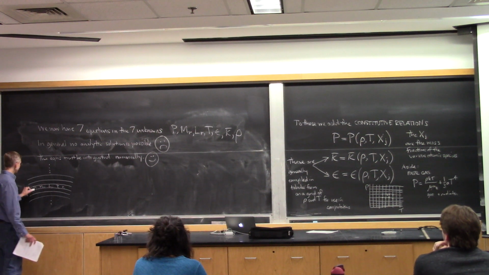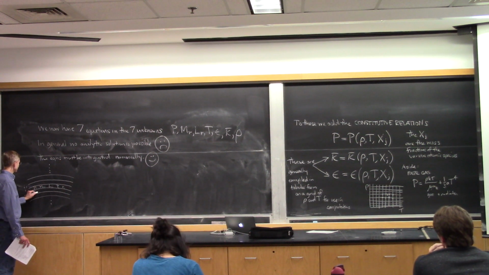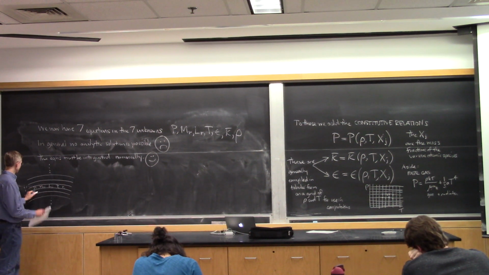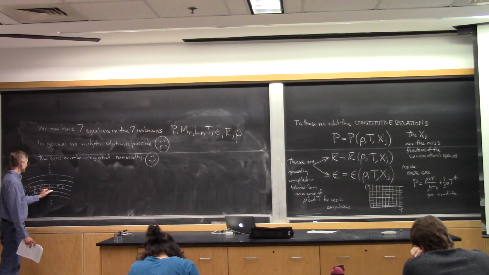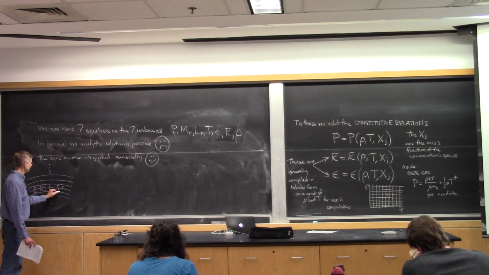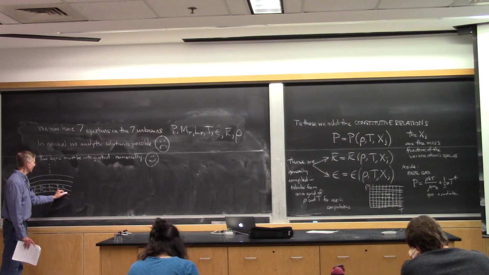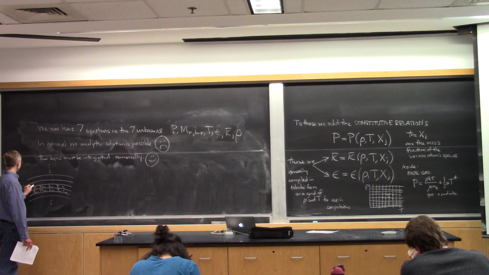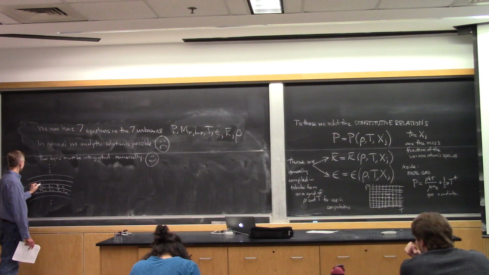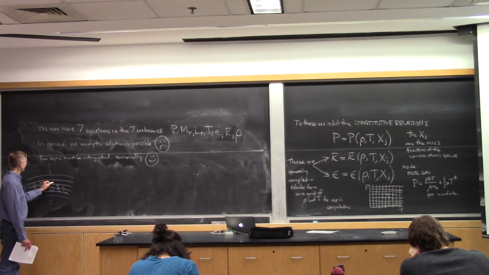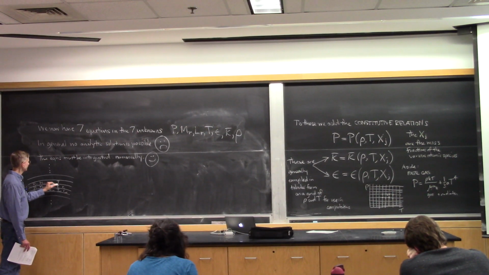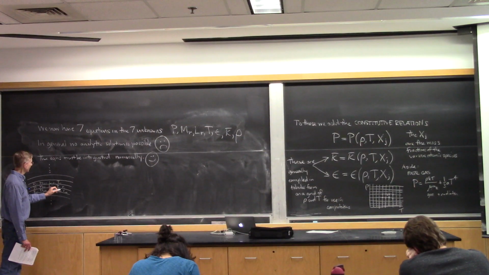And then down here, this is P sub I plus 1, the pressure in shell I plus 1. M sub R comma I plus 1. L sub R comma I plus 1. T sub I plus 1. R sub I plus 1. And in the shell above it, P sub I minus 1. M sub R comma I minus 1. L sub R comma I minus 1. T sub I minus 1. R sub I minus 1.